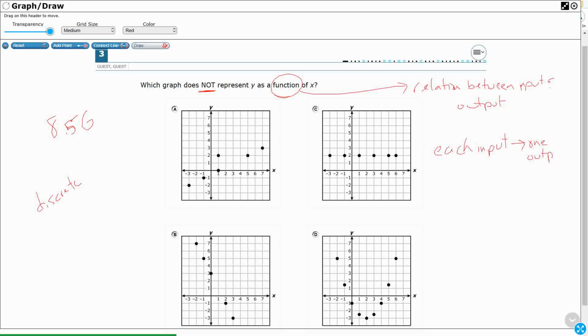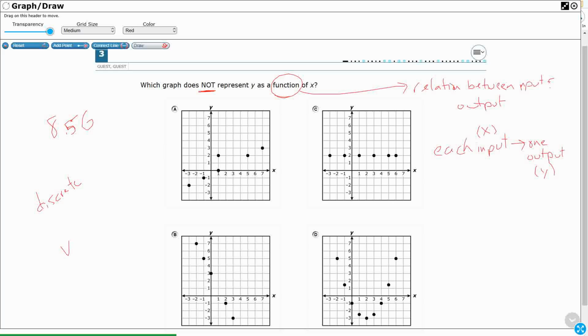All right, so once again, for our purposes, our inputs are our x values, those are our independent variables. Our outputs are our y values, our dependent variables. So each x leads to exactly one y.